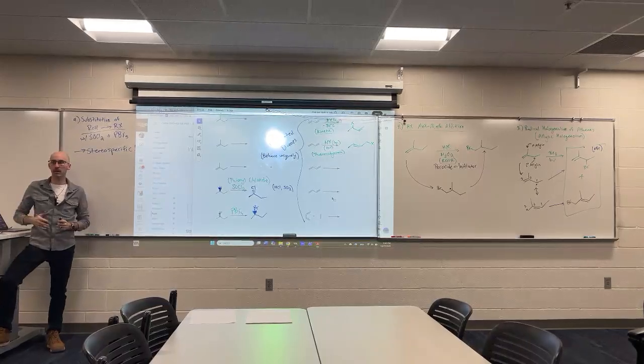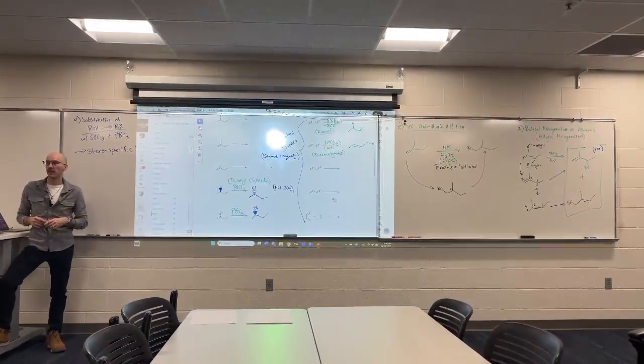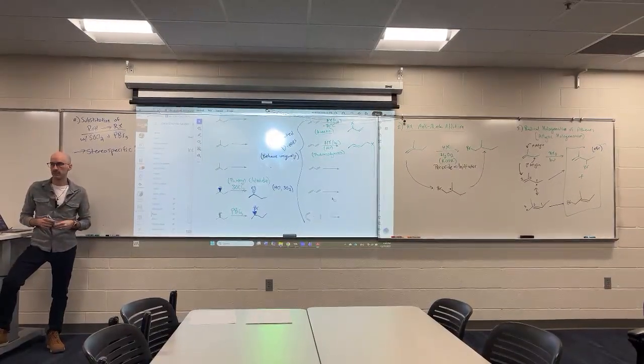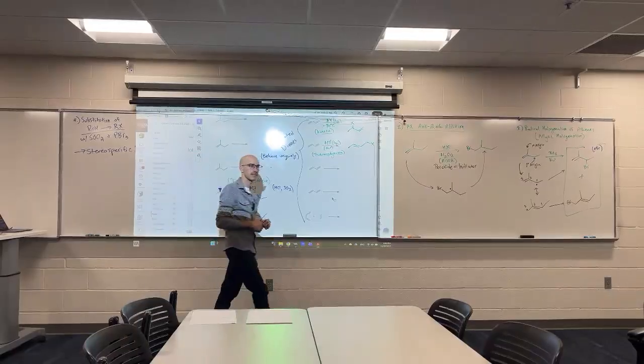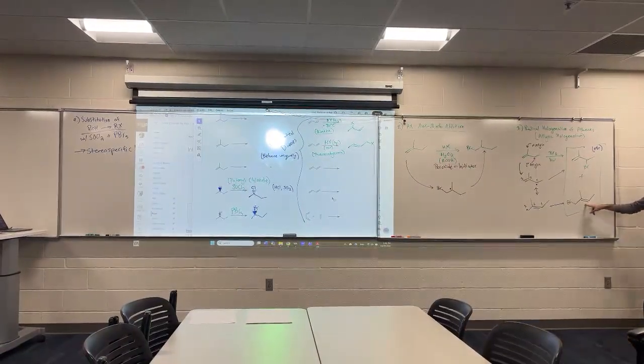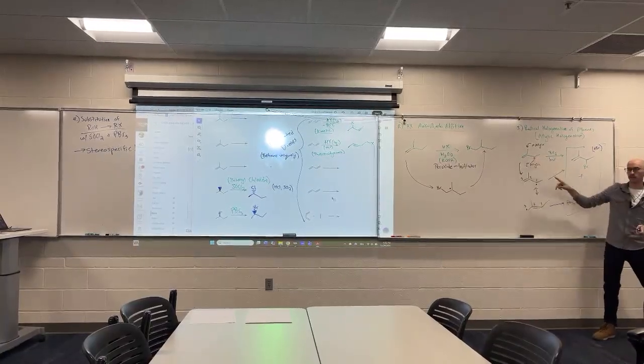What's going on? There was no pi bond there before. How did a pi bond come out of thin air? Did it? Did this pi bond come out of thin air? Because there was no pi bond there before either.